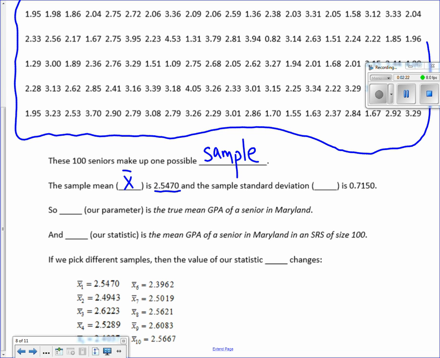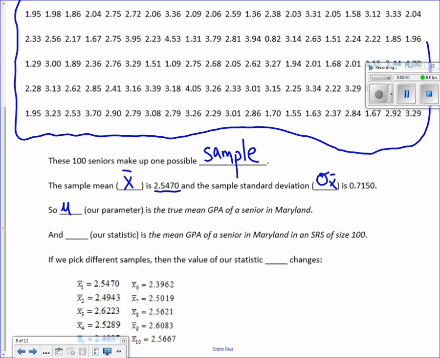So that is their average for this one sample of 100. And the sample standard deviation, which we give a sigma with a little subscript x bar, don't worry, you don't have to use that. You can just write it out. It happens to be 0.7150.